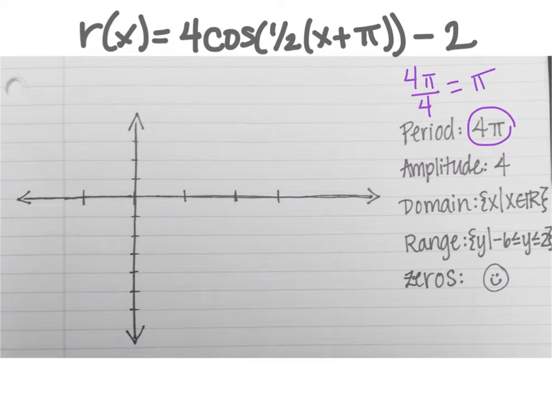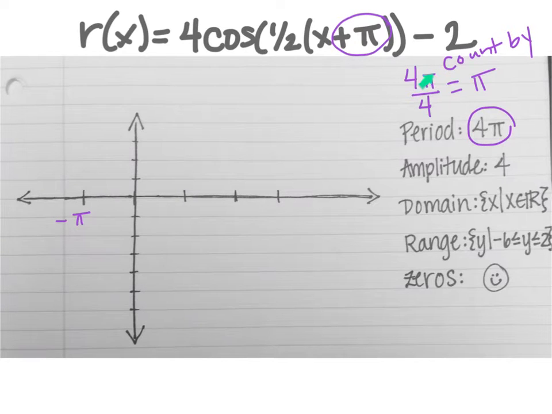And so we know that we're going to count by pi's. I also know that we had this horizontal shift to the left pi, so we're going to quote-unquote start at negative pi on our x-axis.